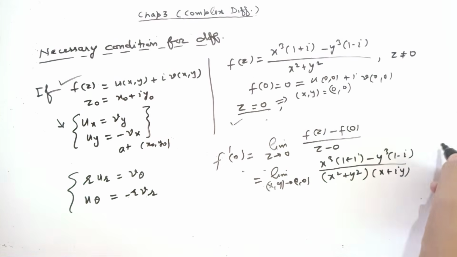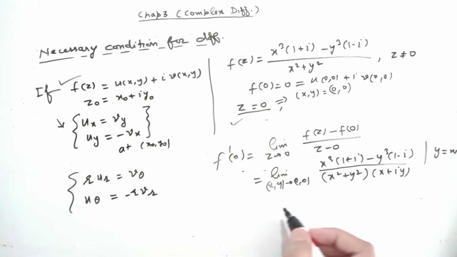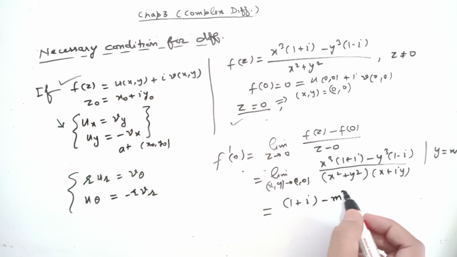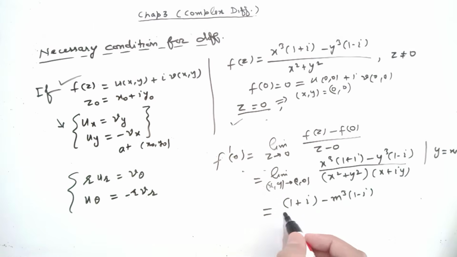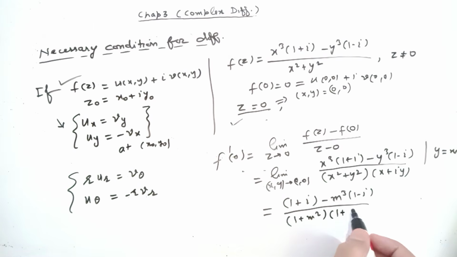Alright, in this if I choose the path y equal to mx, what do you get? (1 plus iota minus m cube (1 minus iota)) divided by (1 plus m square) into (1 plus iota m). You can clearly see it's path dependent, depends on m.